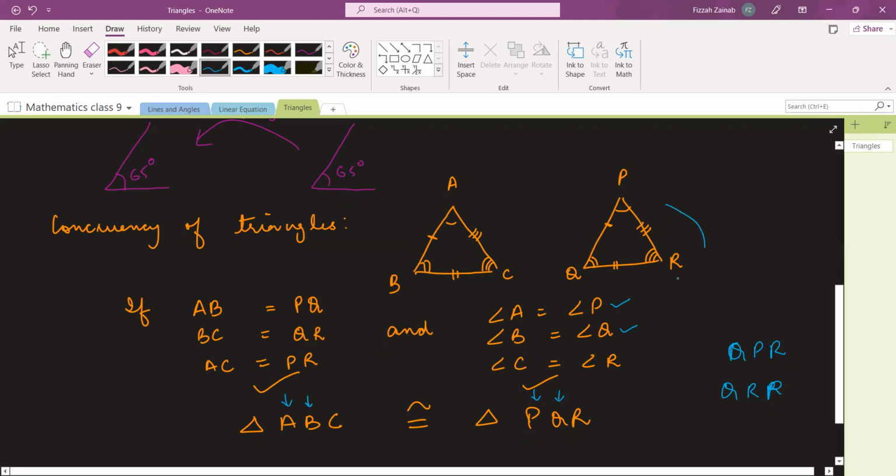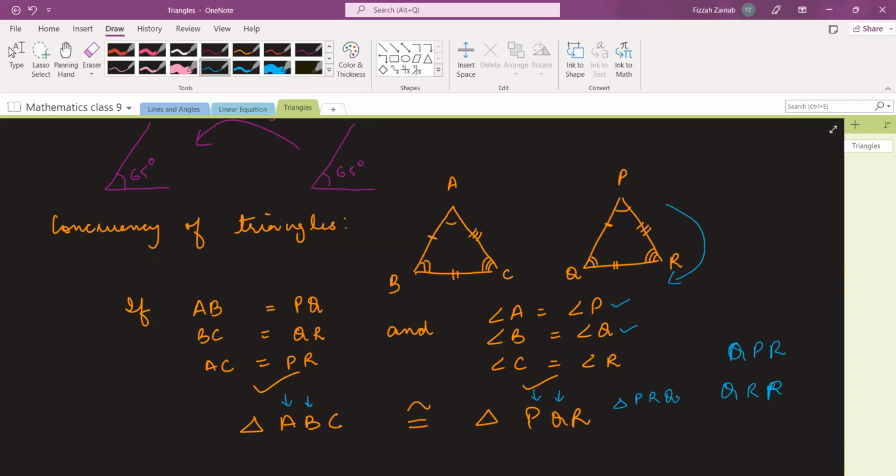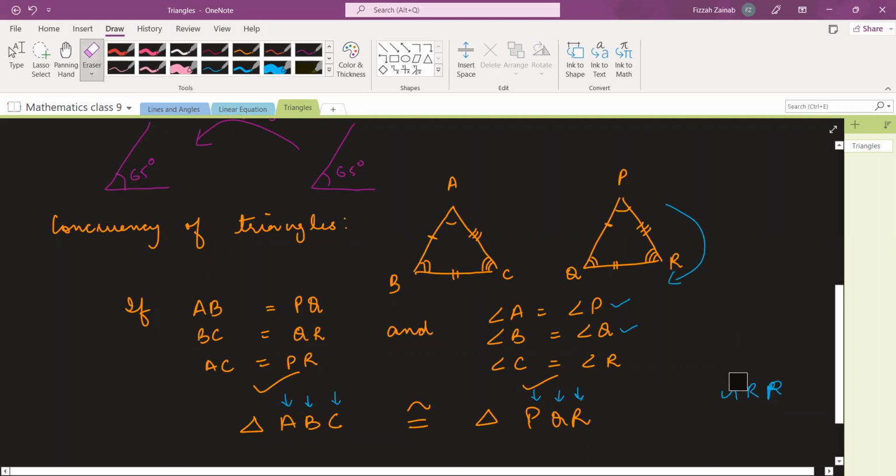I'll not write PRQ. Is this clear, everyone? Yes, ma'am. So correspondingly, you have to write. Now, because angle C is equal to angle R, they both should come in the end. So naming is important. So you should name it correspondingly.